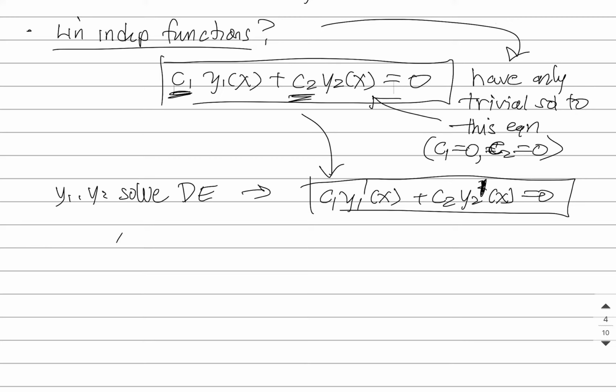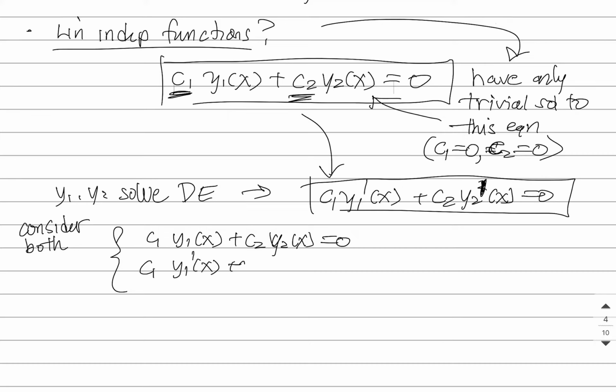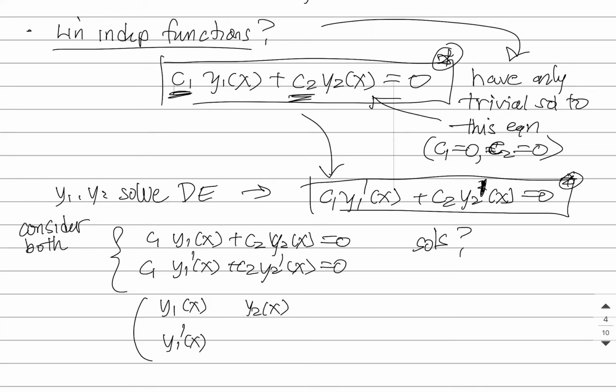You can combine them together and consider both at once: c1y1(x) + c2y2(x) = 0, and c1y1'(x) + c2y2'(x) = 0. You can write this in matrix form: y1(x), y2(x), y1'(x), y2'(x), being multiplied by c1, c2, equals 0, 0.